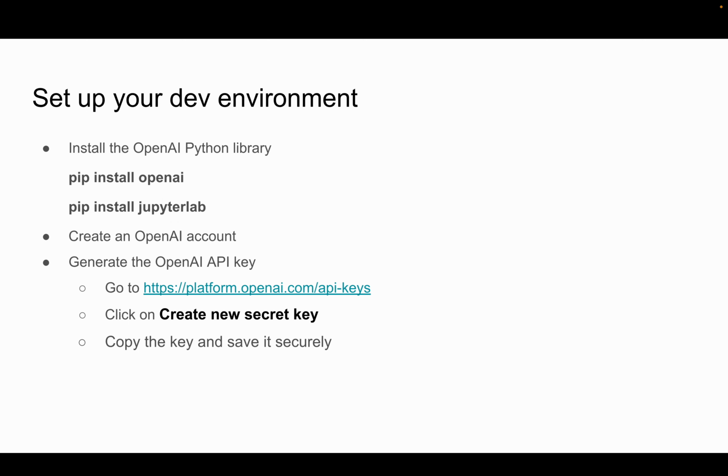And then we are going to create an OpenAI account for calling the API. If you already have one, you don't need to do that. And then we need to generate the OpenAI API key.